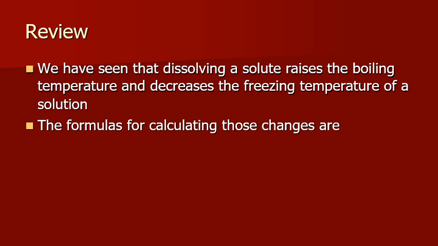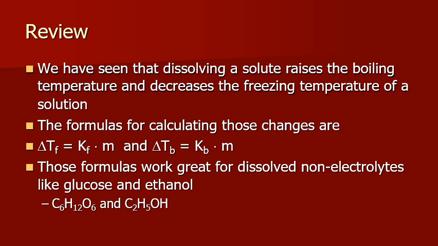The formulas for calculating these changes are: our freezing point depression, delta TF, is our freezing point depression constant times the molality of the solution, and our change in the temperature of our boiling point is calculated as our boiling point elevation constant times the molality. The two formulas are very similar. They work great for non-electrolyte solutions like glucose and ethanol.